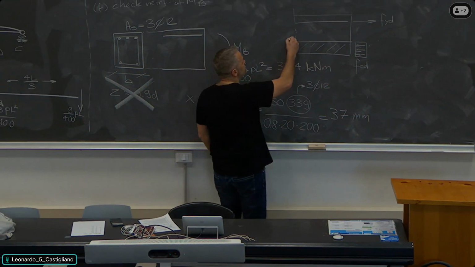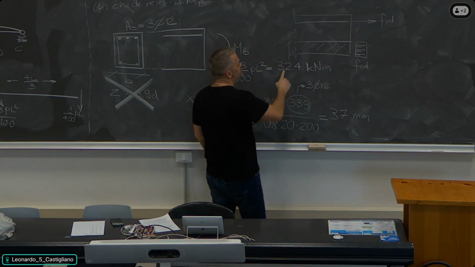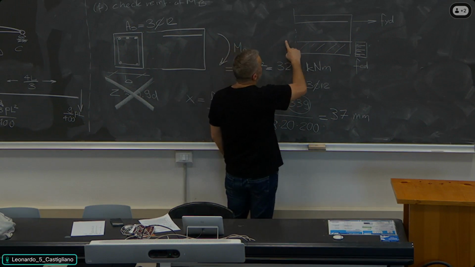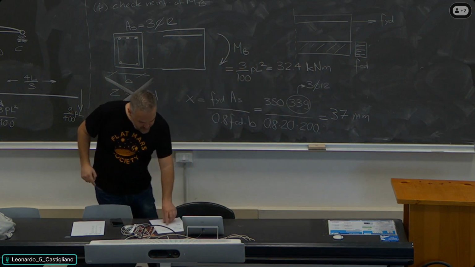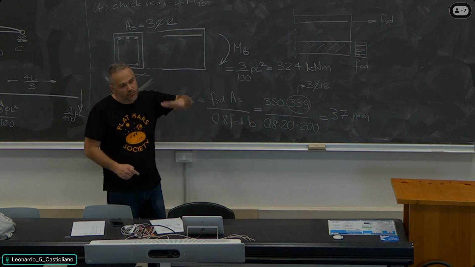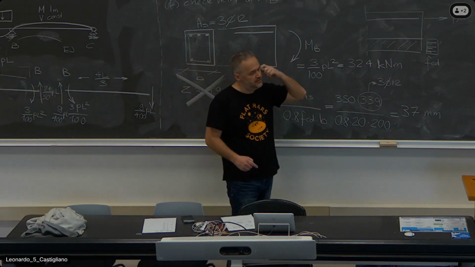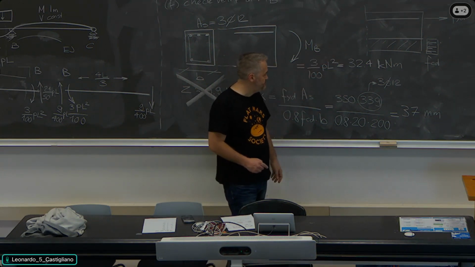So this, the compressed area, not exactly the compressed area, but the neutral axis depth. As you see, there is a small difference due to this 0.8. We explained this in the theory part, is 37.